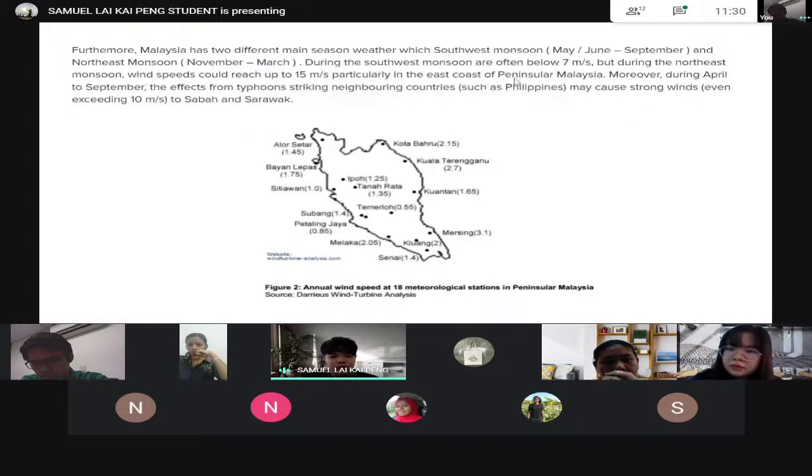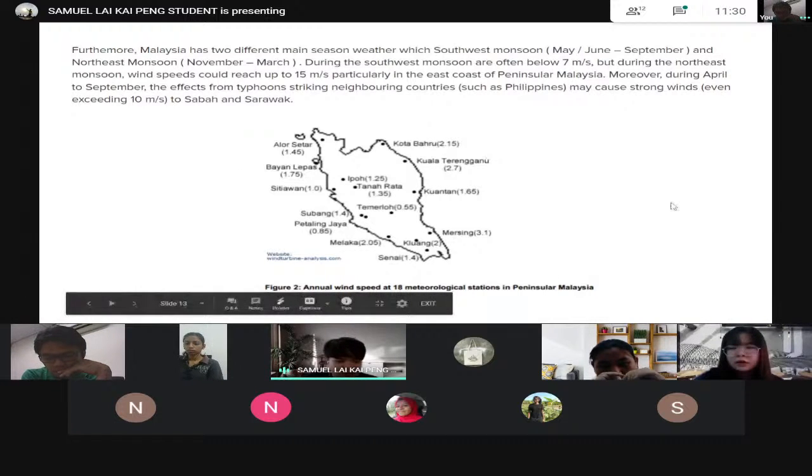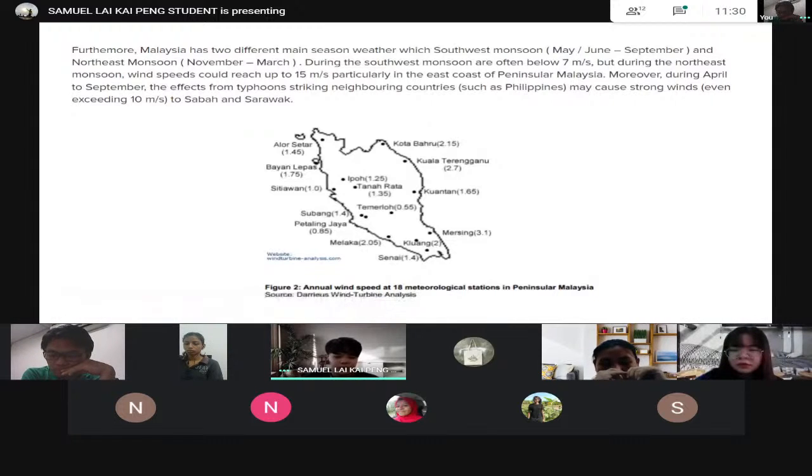Moreover, during April to September, the effect of typhoons striking neighboring countries such as the Philippines may cause strong wind, even exceeding 10 meters per second, in Sabah and Sarawak. Okay. This is a picture that shows the wind speed at 18 meteorological stations in Peninsular Malaysia.